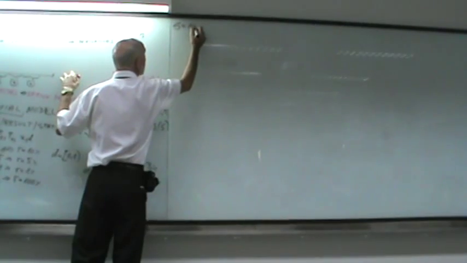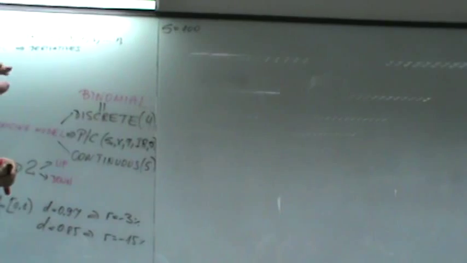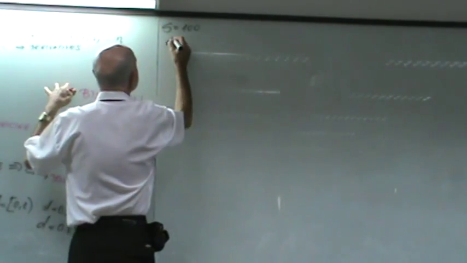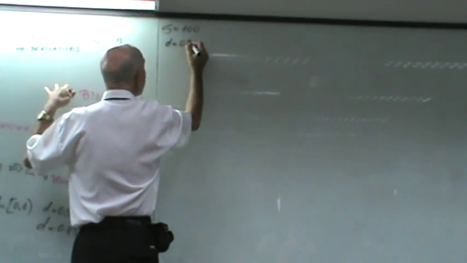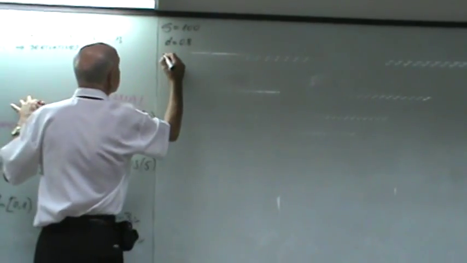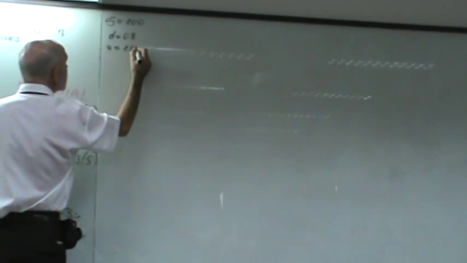S, the current price, is 100. That's on page 99, so you can open to page 103. And then you say D equal, is it 0.8? D equal 0.8 and U equal 1.25. Okay? So, in a binomial model, this is given. This is just what the example is.